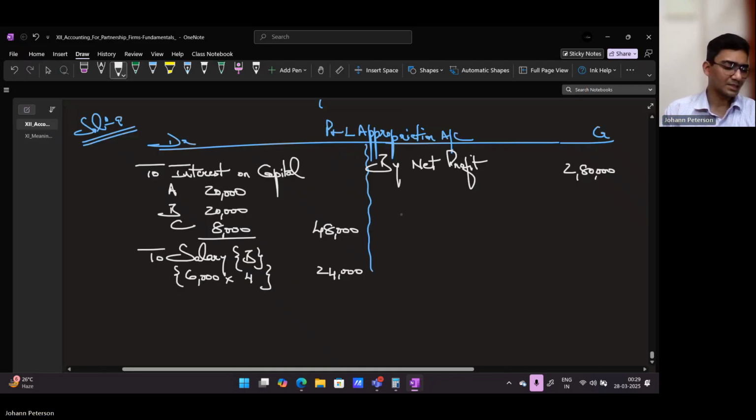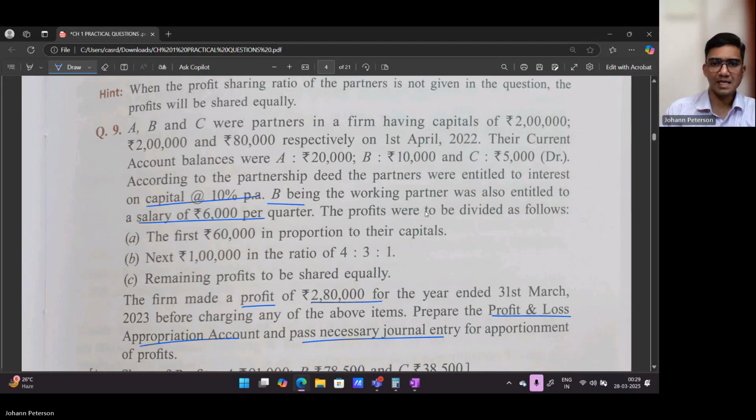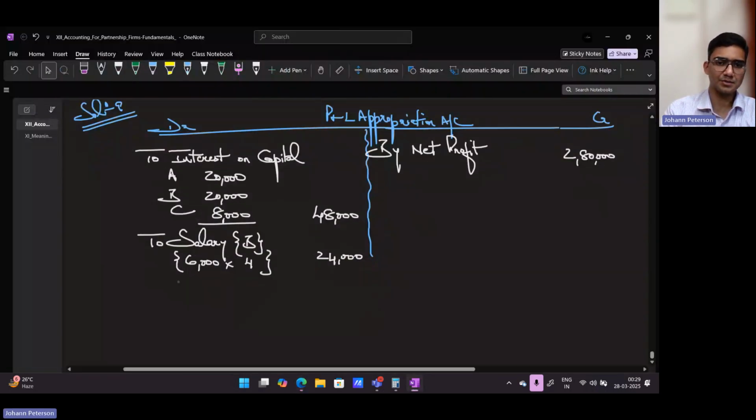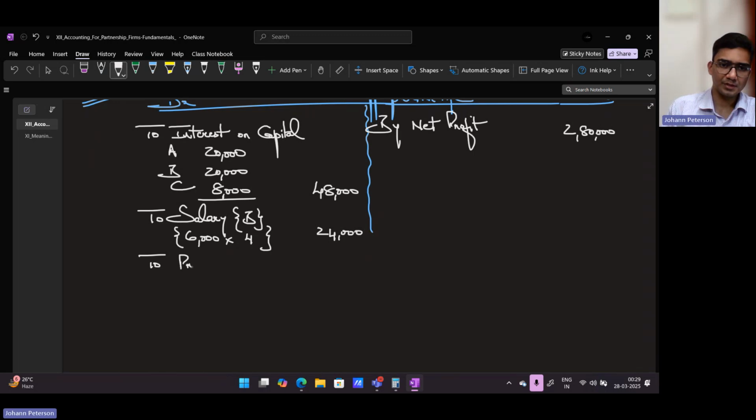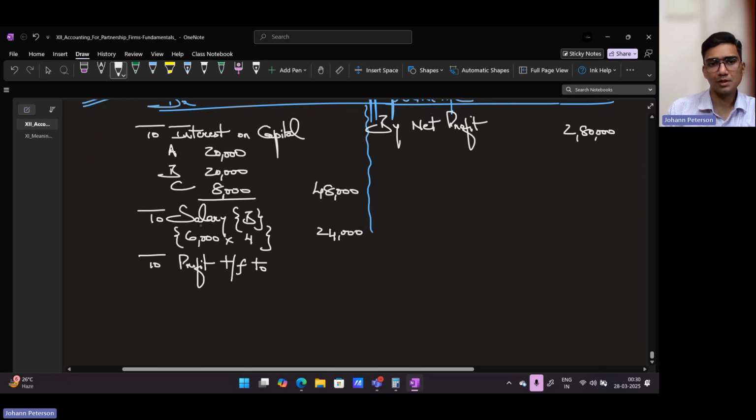So here, let's see what our balancing figure is, what you call your divisible profit. Let's see what that comes out as. So profits transferred to the partners A, B, and C. A's current account, because this is the fixed method, B's current account, and C's current account.